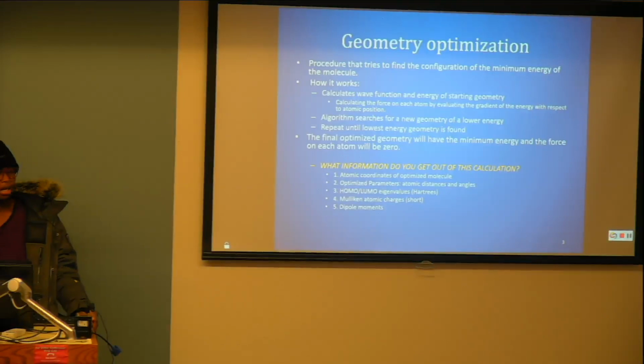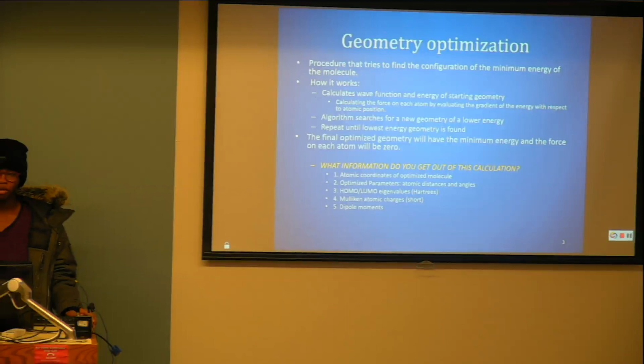We've all done geometry optimization, and it's pretty much a procedure that tries to find the configuration of the minimal energy of the molecule. So here, as you're aware, when you construct your molecule, it's not in the perfect geometry. So the algorithm will calculate the wave function and the energy of your starting geometry, and this calculation is performed by calculating the force on each atom and evaluating the gradient of the energy with respect to the atomic position.